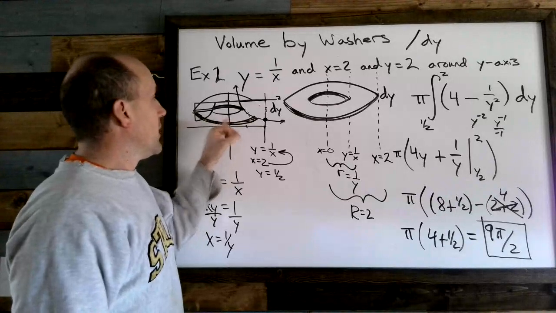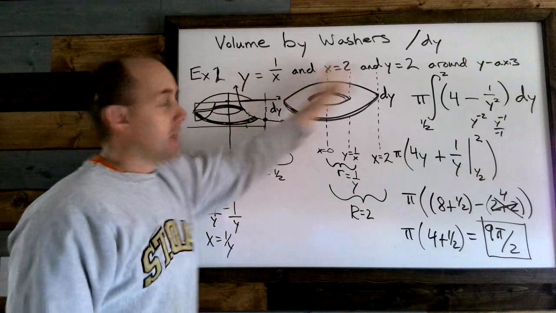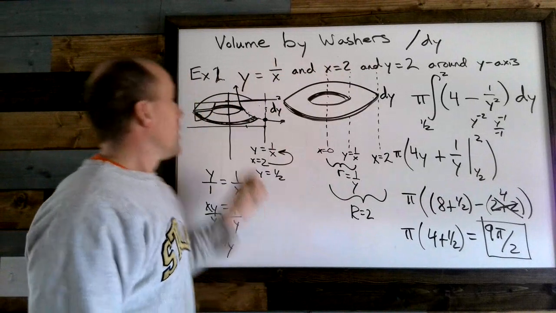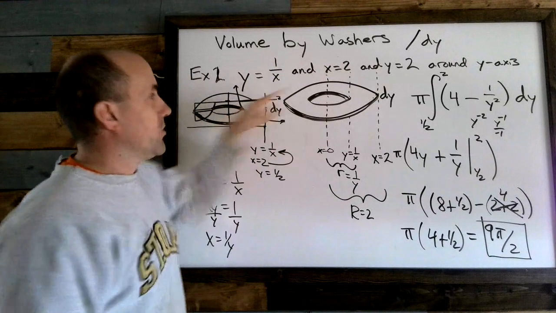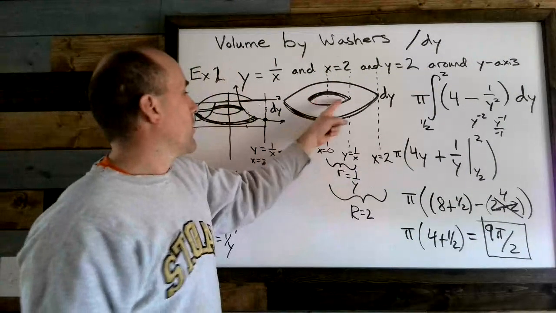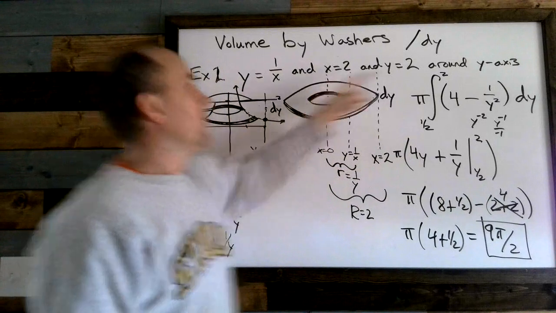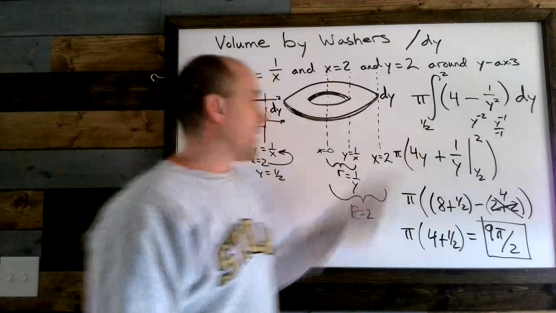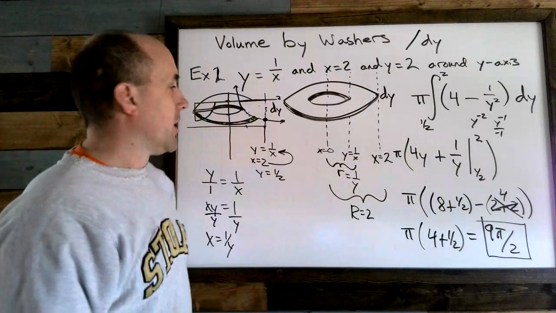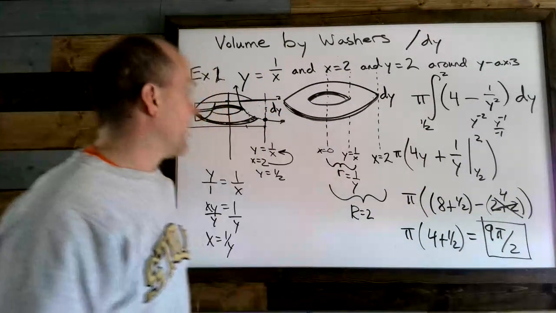You are using algebra as you're graphing these functions, 1 over x and x equals 2 and y equals 2. You're using system of equations as you solve for the intersection point for the bounds. You're using geometry when you do big R squared minus little r squared. You're doing calculus when you do the integral.